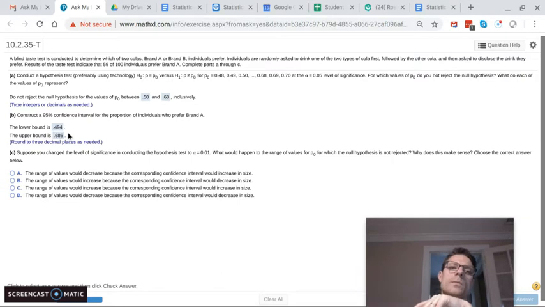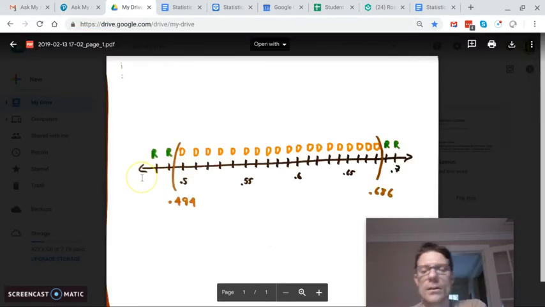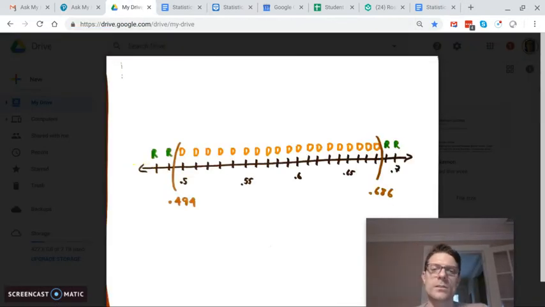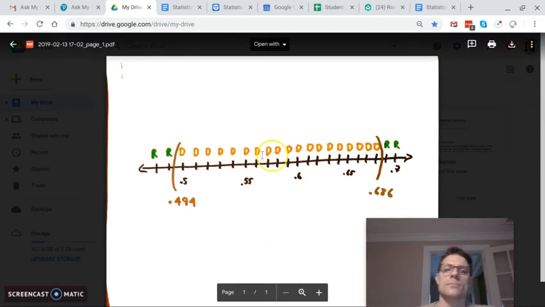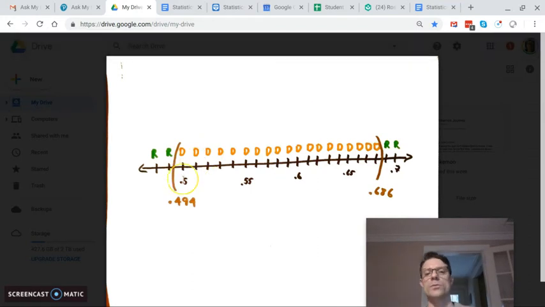What's really cool here, and the reason that this question is so valuable, is look at this: the lower bound is almost the same as when you start rejecting the null hypothesis on the low end, and the upper bound is basically when you start rejecting the null hypothesis on the upper end. This is what connects hypothesis testing and confidence intervals. I drew a graph of this real quick.